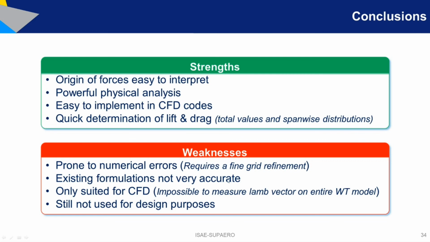So there are formulations under development. It's not as mature as the far field method. As you realize, maturing the far field method has taken almost 100 years. Instead, the lambda vector method started in the late 70s, early 80s, so it's not yet as mature as the far field method, but it will give you anyway a very good physical analysis.